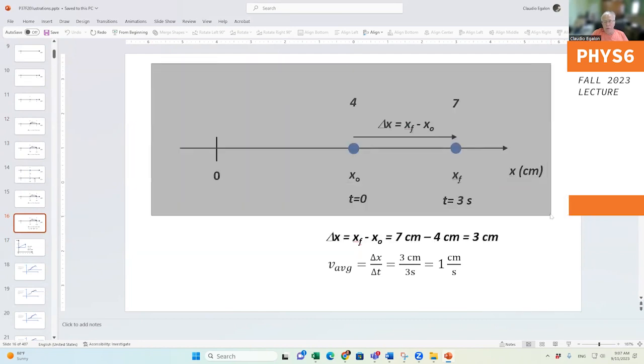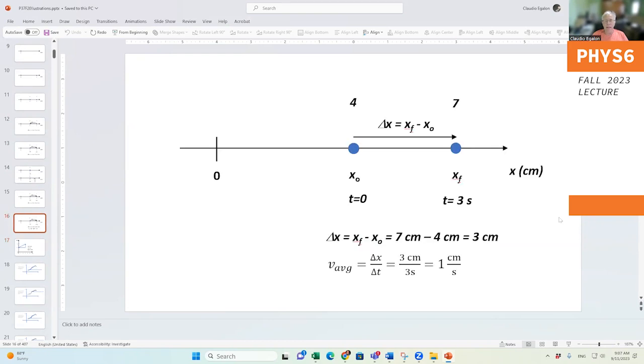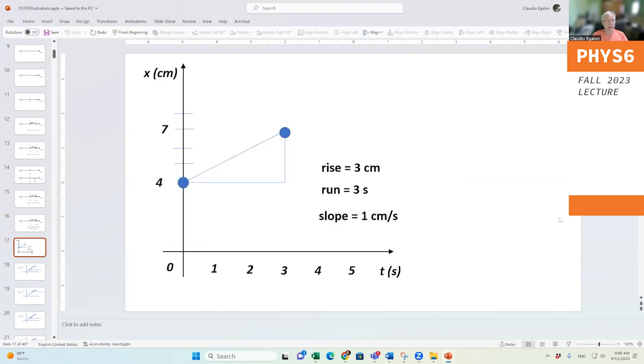Here is another way of illustrating the position of the same object: an x versus t graph. At time t equal to 0, the position of the object is 4. At time t equal to 3 seconds, the position of the object is 7 centimeters.